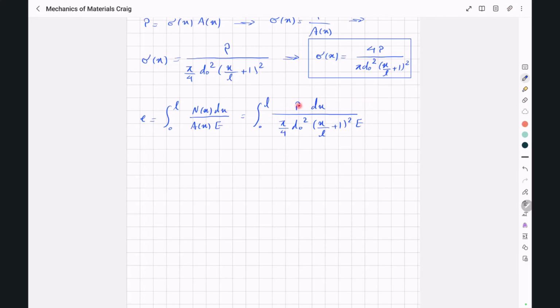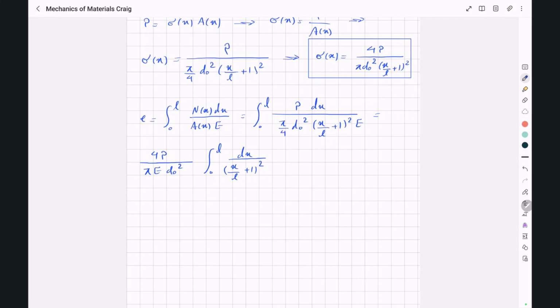And we can bring these constant values from the integral to the outside. So this will be equal to 4P divided by pi E d0 to the power of 2 integral of 0 to L dx divided by (x over L plus 1) to the power of 2.